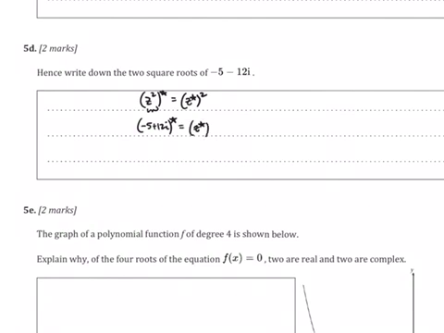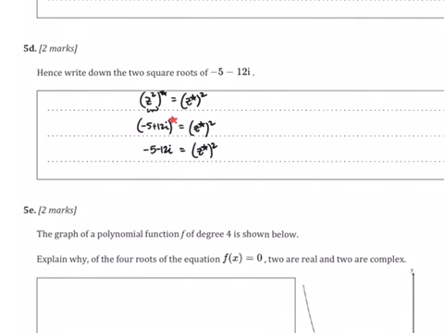So the conjugate, which is what this symbol here means, would be equal to negative 5 minus 12i, which is equal to z star squared.